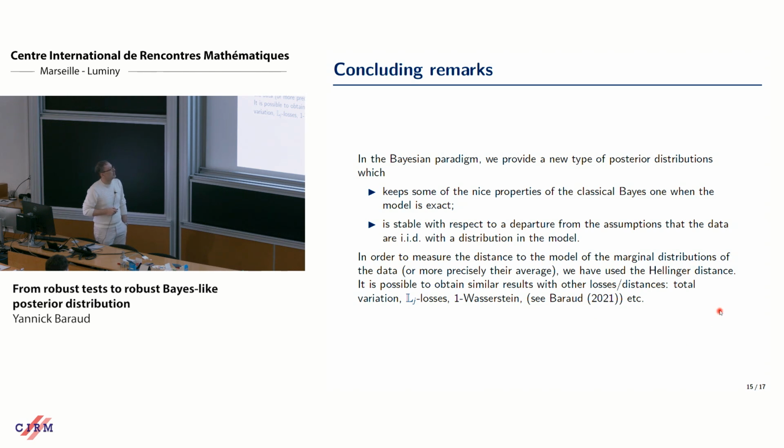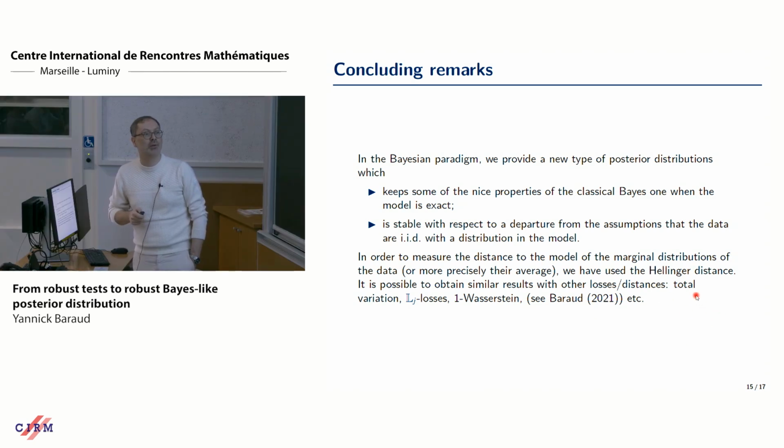Just to mention, among those losses, maybe one which would be popular is the total variation loss that people could use. Why this loss would be interesting is because in some cases you can prove that using this kind of loss will give you more robustness or more stability with respect to contamination, for instance. But there's actually a price to pay. If you use total variation, you might get more robustness, but you may lose optimality.